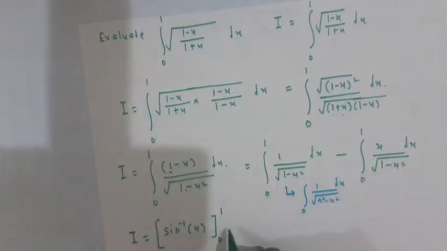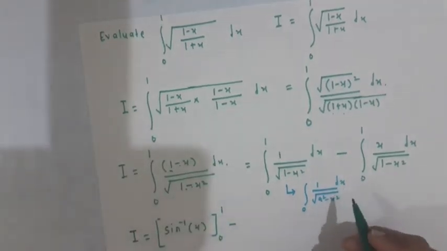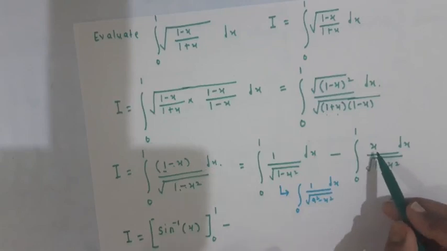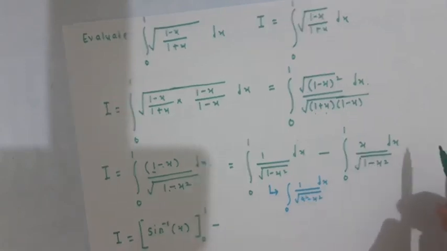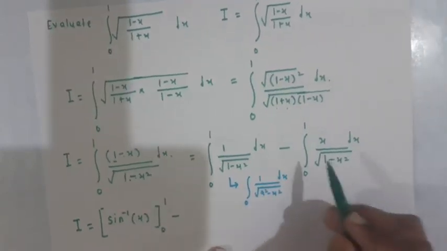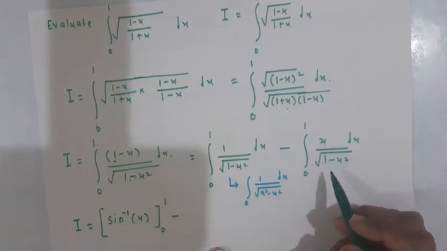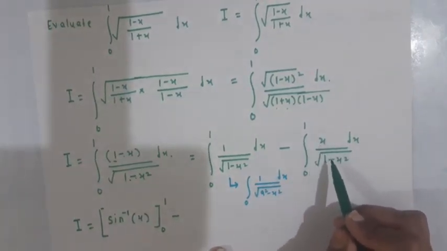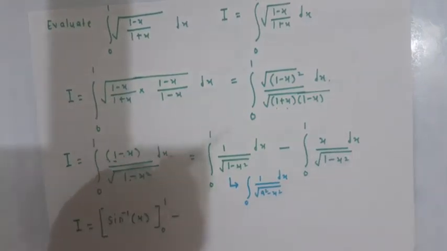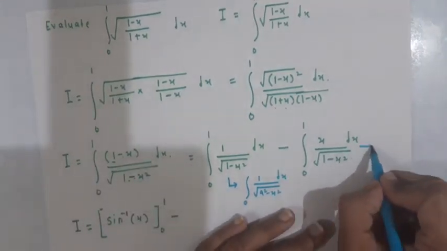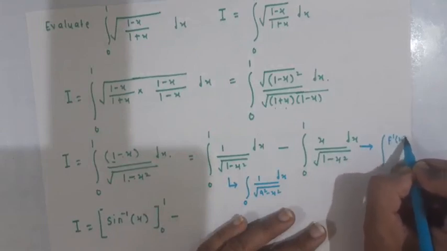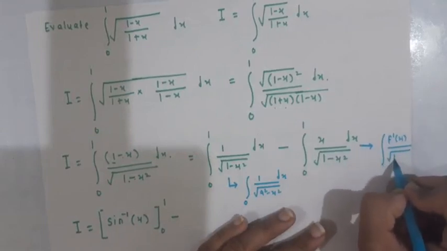Okay, to solve the second integration, see students, this is 1 − x², and if we adjust its differentiation at the numerator, then we can solve the integration easily. If we adjust its differentiation at the numerator, then this will be of the form f'(x)/√f(x).